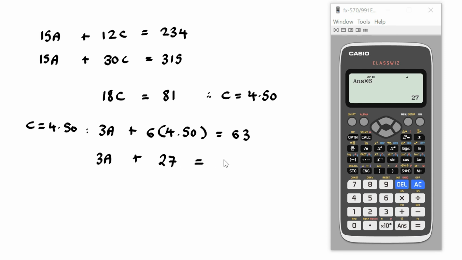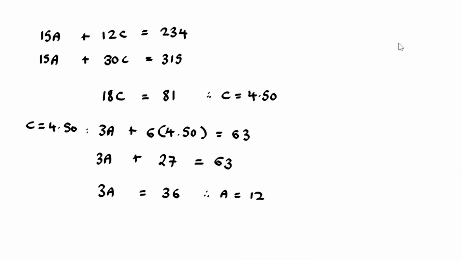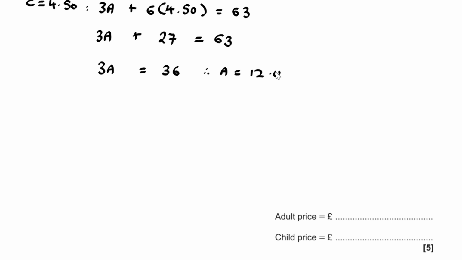So we've got 3a plus 27 equals 63. So 63 take away 27, that's 36. So we've got 3a equals 36, and therefore a is equal to 12. So an adult ticket costs £12 and a child ticket costs £4.50.